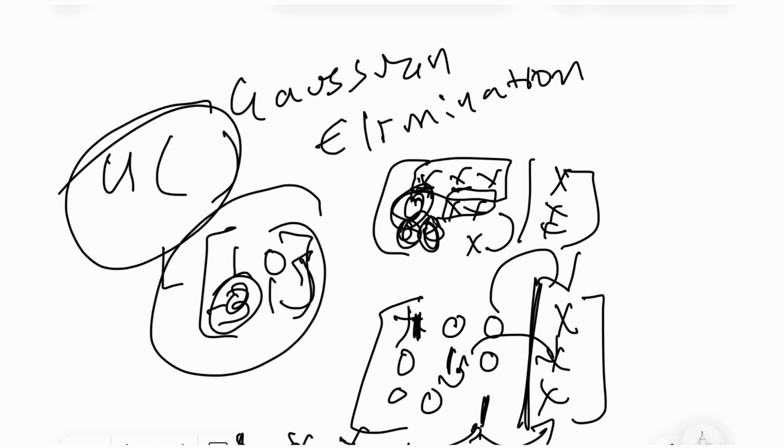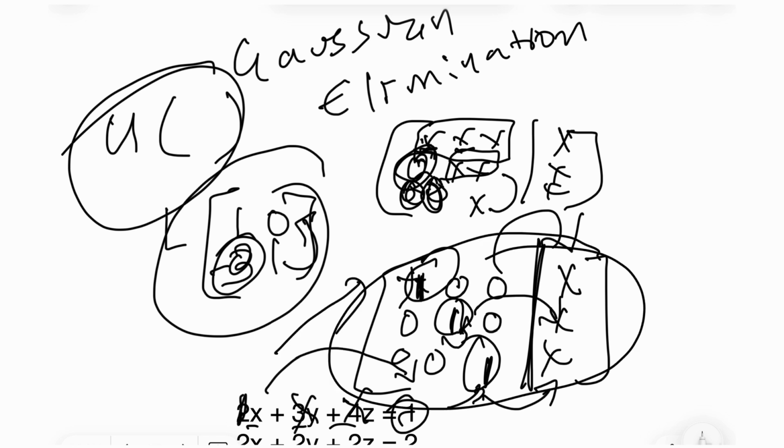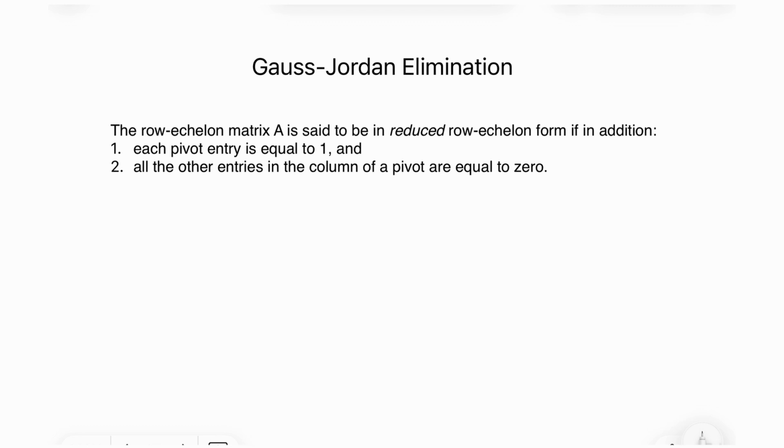We directly find the values for x, y, and z. A few more matrix operations to get a simpler answer and remove the back substitution. This is Gauss-Jordan elimination. Some books call it Gaussian elimination, but the technical term is Gauss-Jordan.